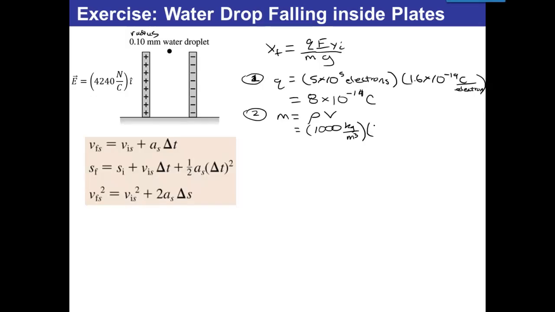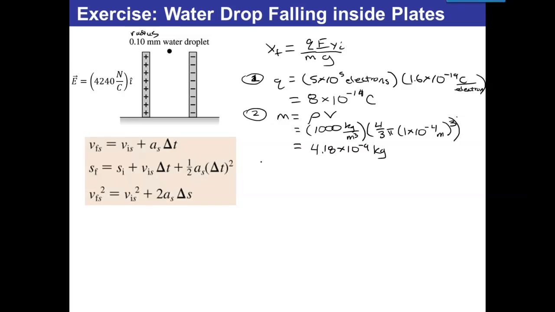Let's assume it's a spherical water droplet, and the volume would be 4/3 pi r cubed. In that case, r is 1 times 10 to the negative 4 meters, that'd be 0.1 millimeter, and that's cubed here. Again, you can check this at home. I got 4.18 times 10 to the negative 9th kilograms. So pretty small, but measurable.